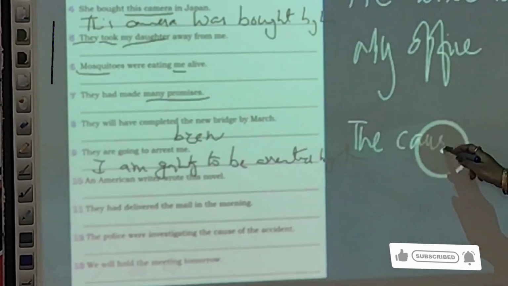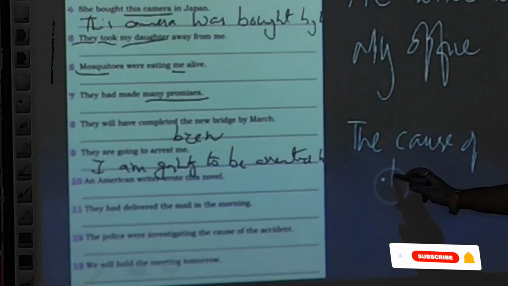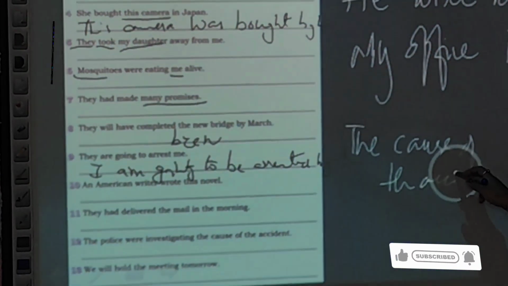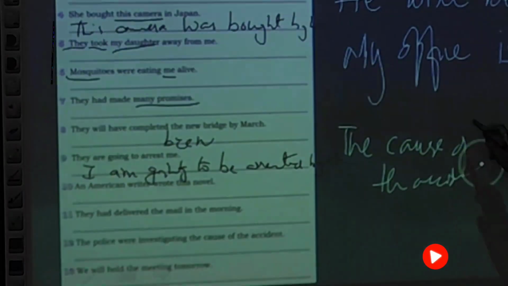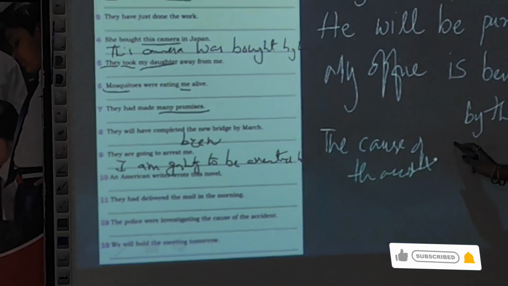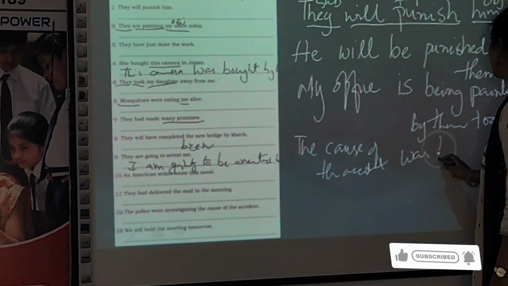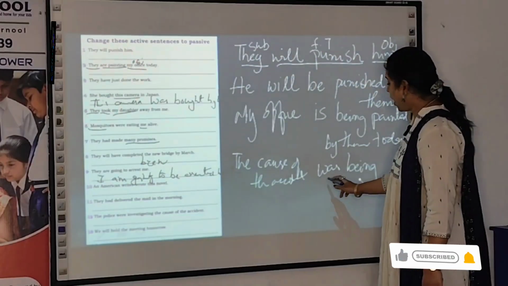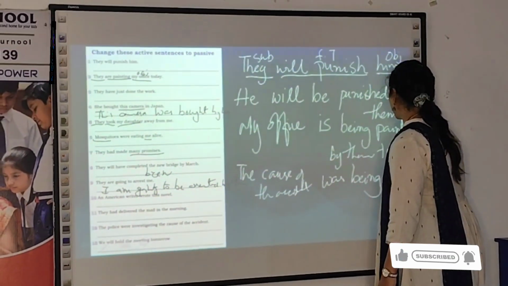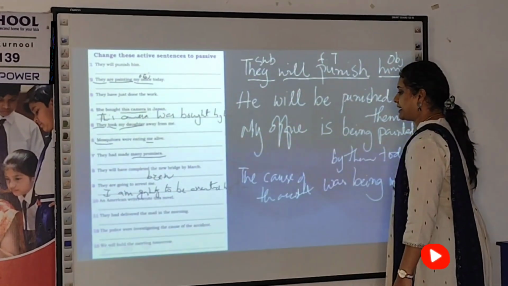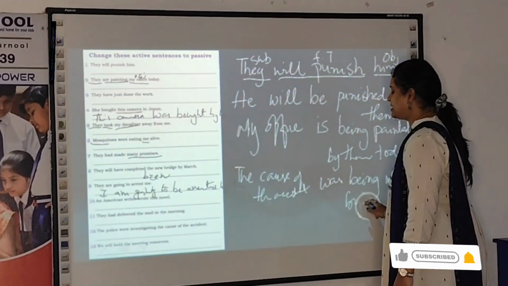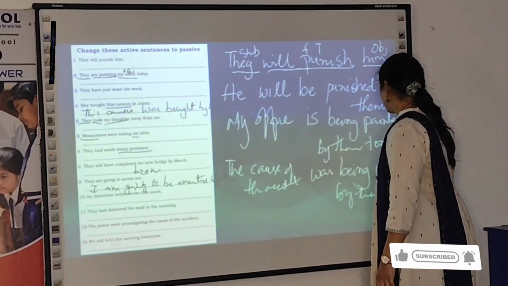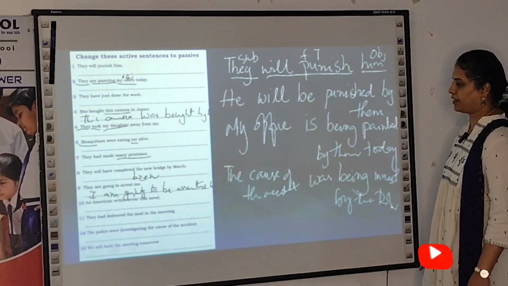Because it is past continuous, the cause of the accident was being investigated, V3 form, investigated by the police. Okay, all this I have discussed.